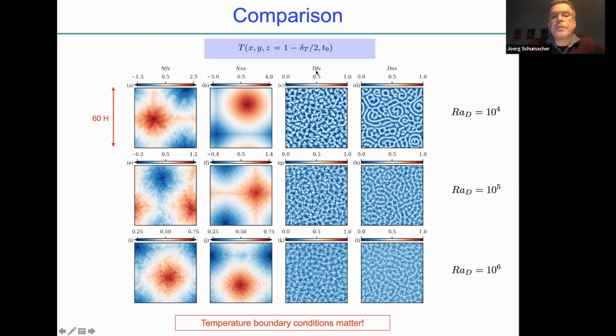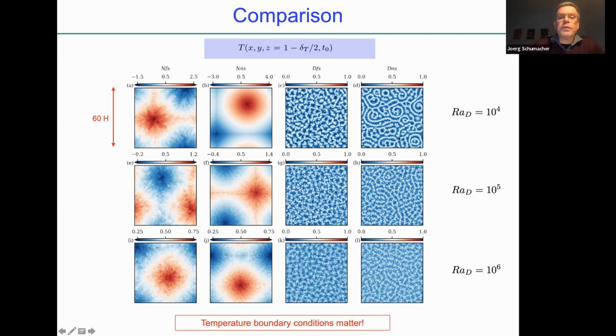DFS, Dirichlet, free slip, and DNS, Dirichlet and no slip boundary condition. There are 3 Rayleigh numbers, 10^5, 10^6, and 10^7. And the temperature contour, which is shown here, is close to the top surface. So we view from the top onto the convection layer.